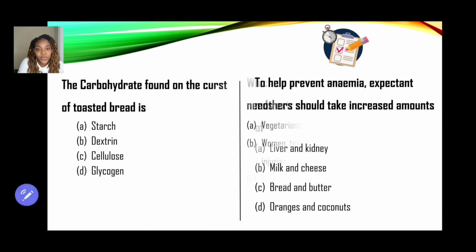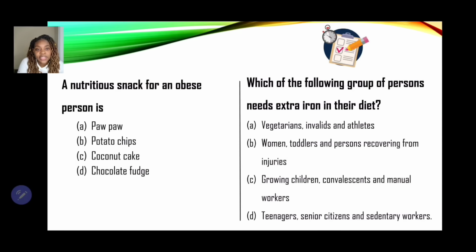All right, next question. A nutritious snack for an obese person is... So an obese person is someone who is what? Overweight. Good. So the extent to which they have accumulated body fat negatively impacts their health. So we're looking for something that is not sweet and not fatty either.